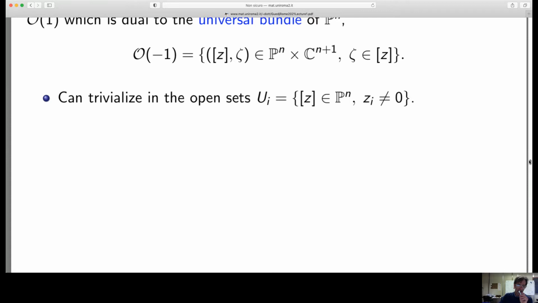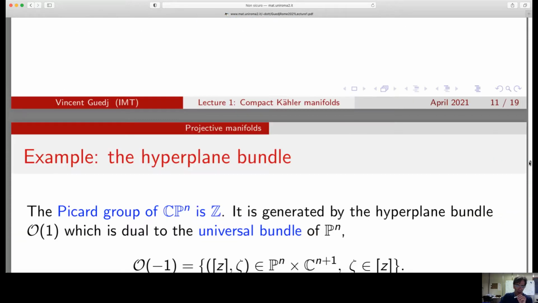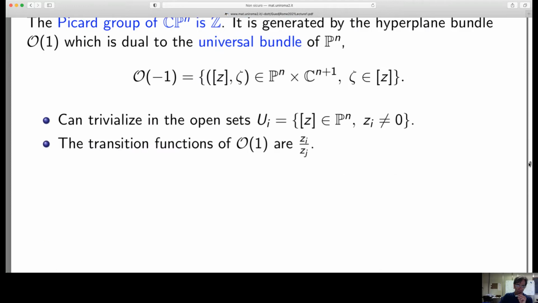Note that O(-1) has no non-zero global sections. However, O(1), the dual of O(-1), has lots of holomorphic sections. In fact, the transition function of O(1) can be written as Z_i over Z_j, in the region where Z are the homogeneous coordinates and Z_i and Z_j are both non-zero.